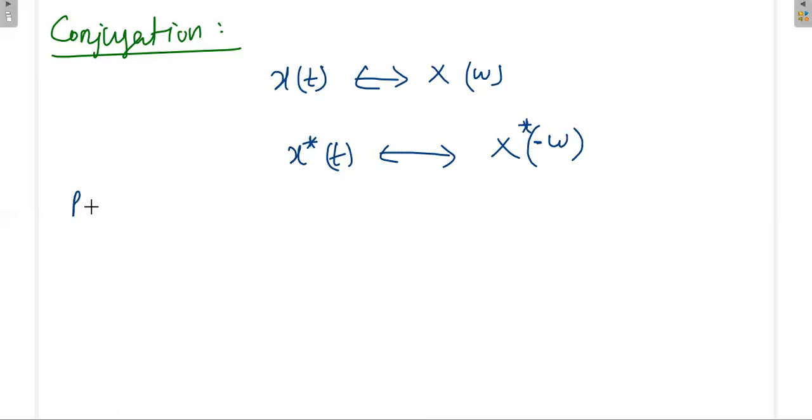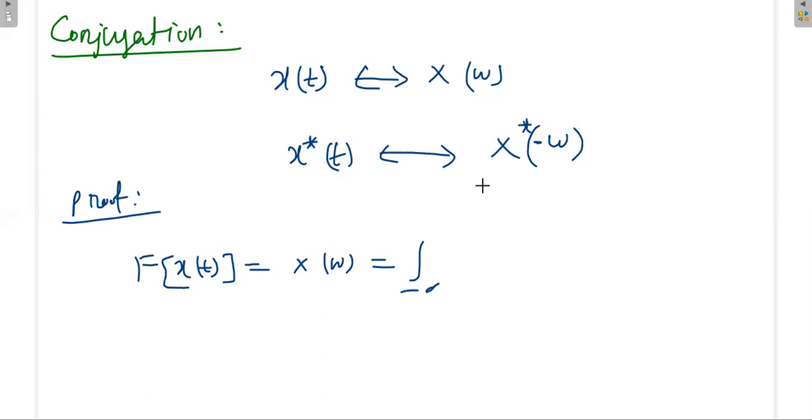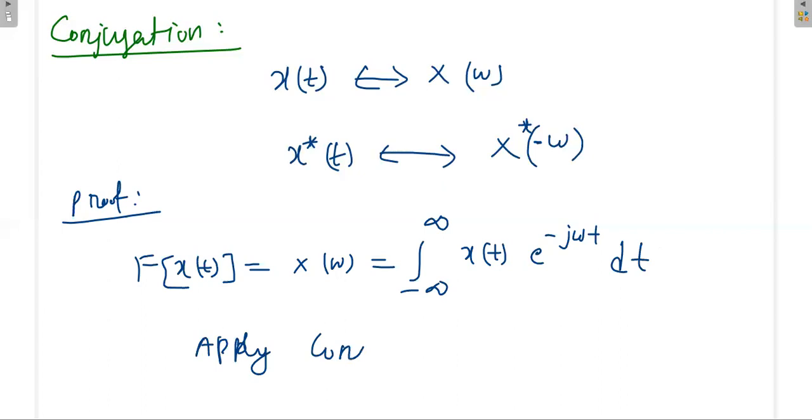Proof: the Fourier transform of x of t is x of omega, that is integration from minus infinity to plus infinity x of t e power minus j omega t dt. Then you apply the conjugate on both sides.